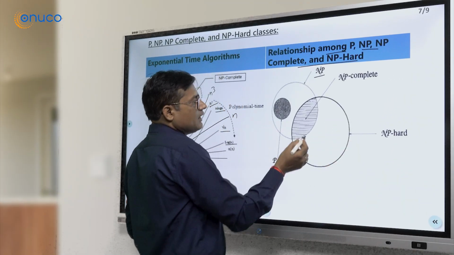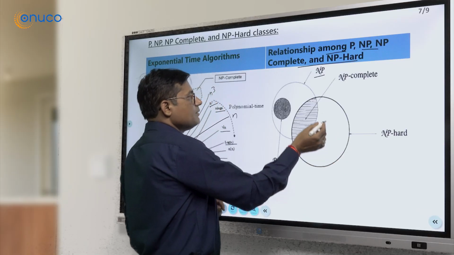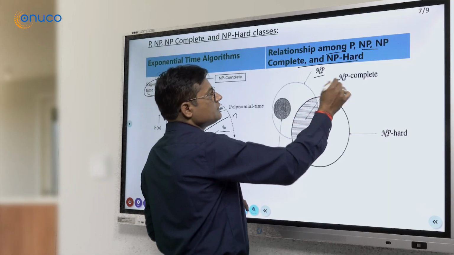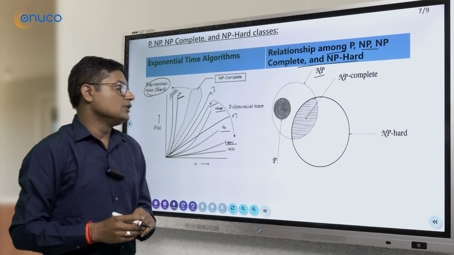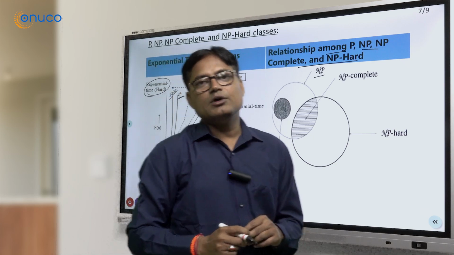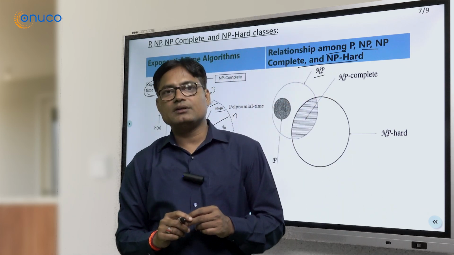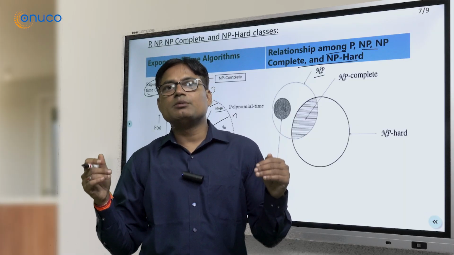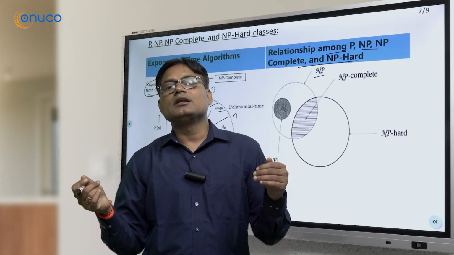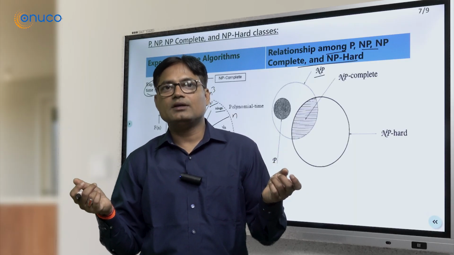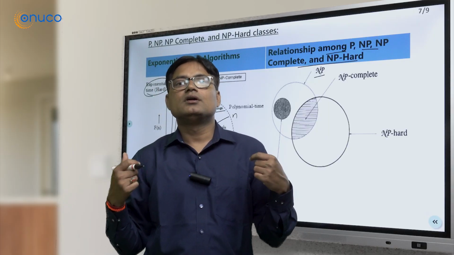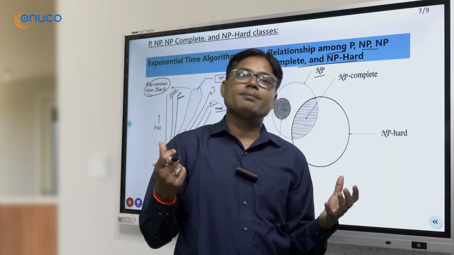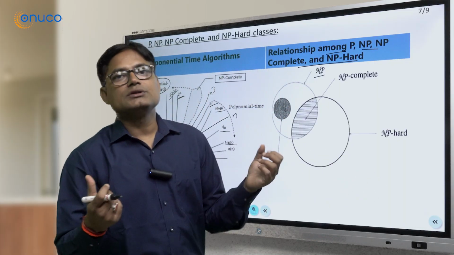Here we have NP hard problems. NP hard problems and NP problems, you can see, have an intersection. This intersection is NP complete. For some of the NP hard problems, we are able to apply an approximation method or some approach, and we are able to solve the problem in a little more time. The complexity of the problems will be higher, but we are able to get some answer for those kinds of problems.